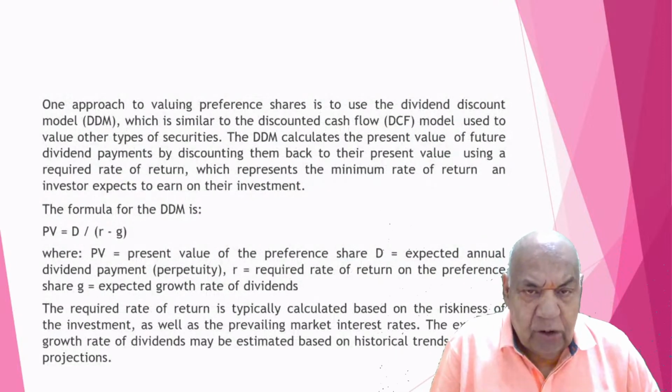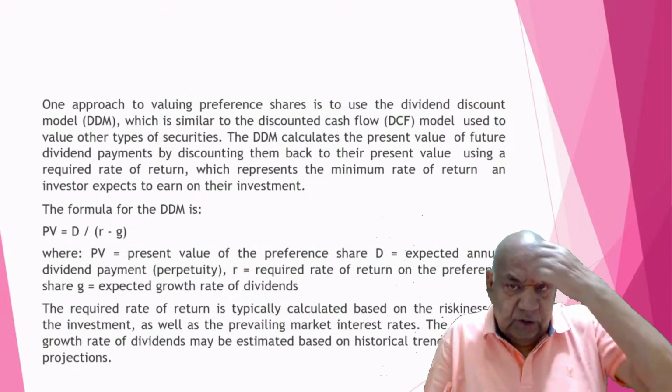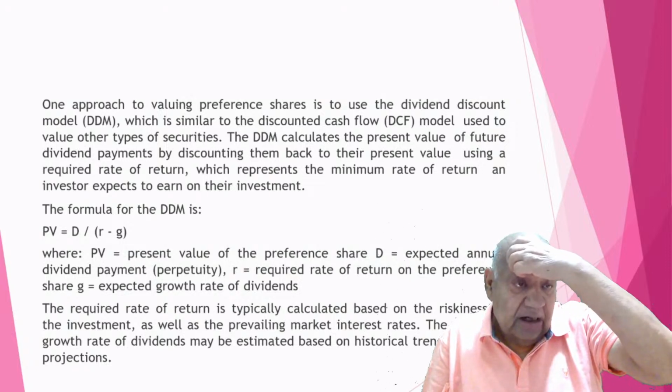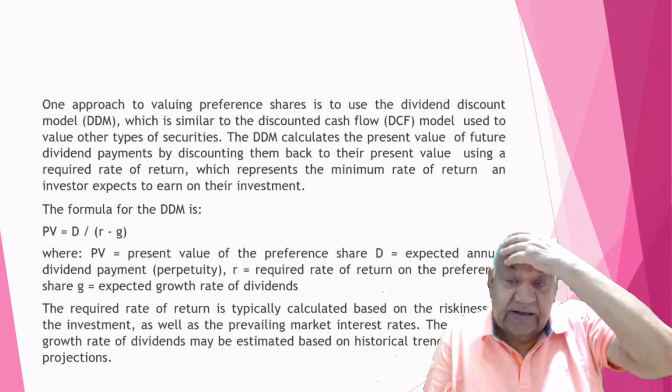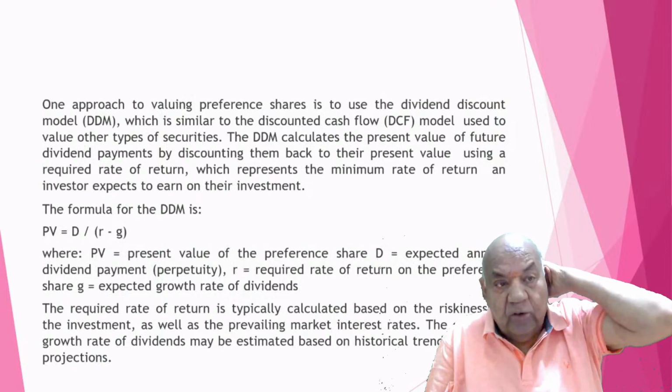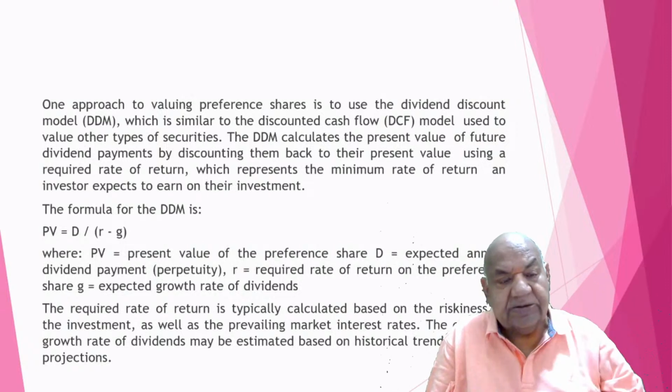One approach to valuing preference shares is to use the dividend discount model (DDM), which is similar to the discounted cash flow model used to value other types of securities.